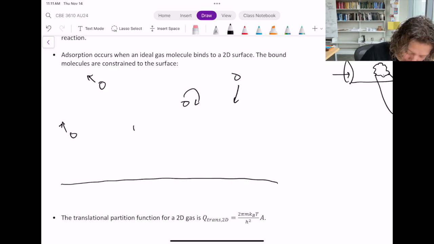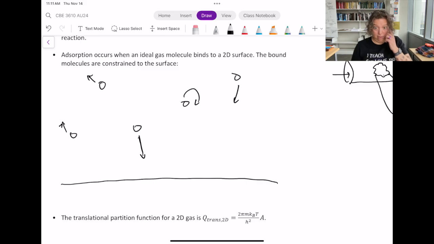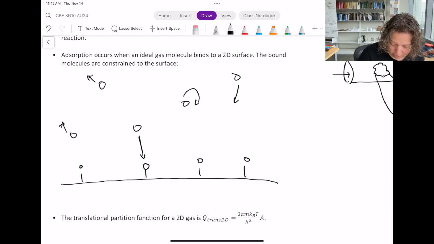And maybe I have one that is going to collide with the surface, and as it does so, it forms a bond with the surface. And maybe some others have done that before. So what I basically have are 2 phases here. I have one, my ideal gas.